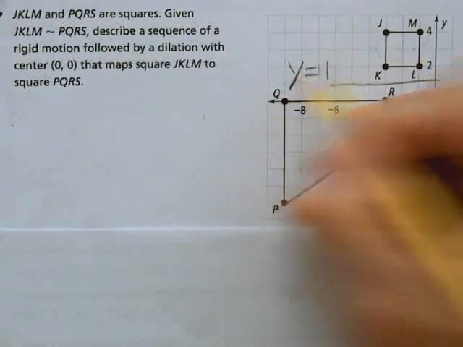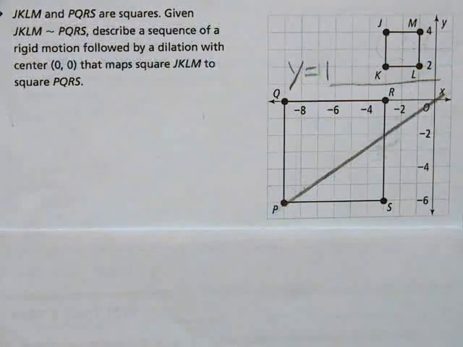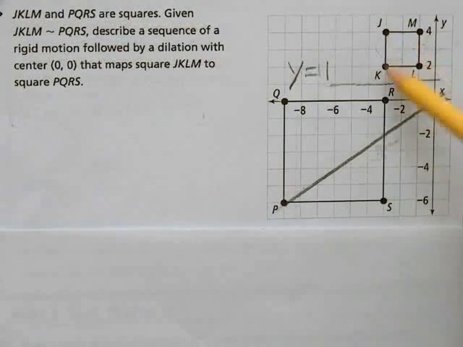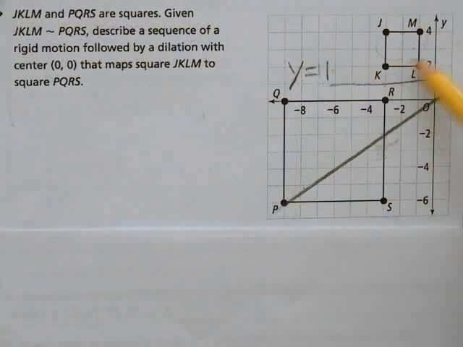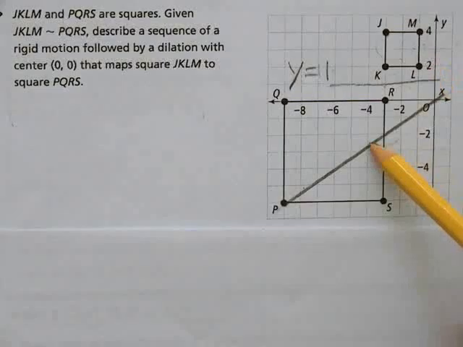I just figured that out visually. So I'm thinking that if I can reflect across this line y equals 1, one of the points on this square will end up on this line.